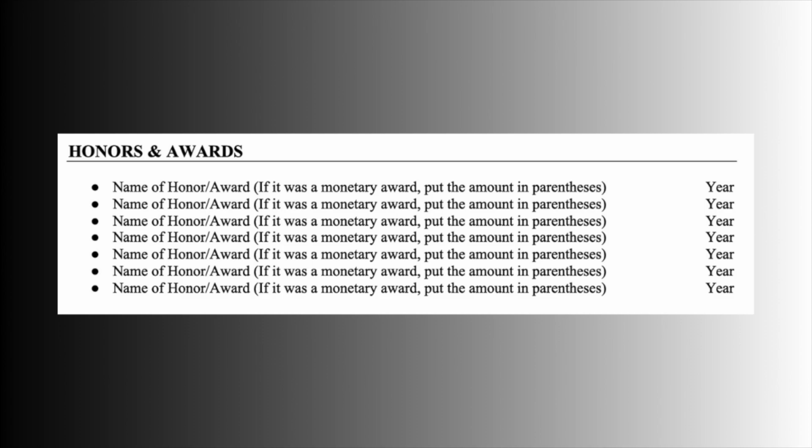So make sure you avoid acronyms. If that award came with a monetary incentive, write the amount that you received for getting that award, that fellowship, that research grant, that travel award, whatever it was. Make sure you write the dollar amount, and that should be in parentheses. On the right hand side, you should write the year that you received that award.